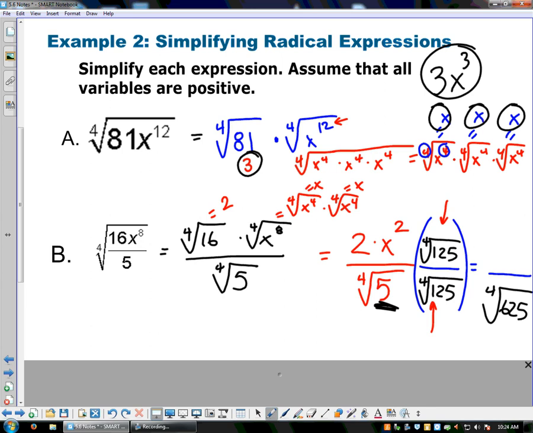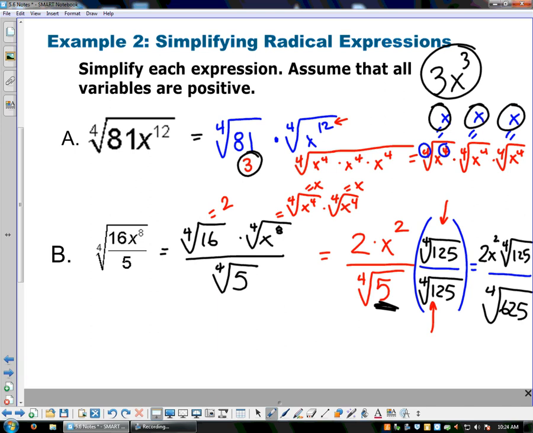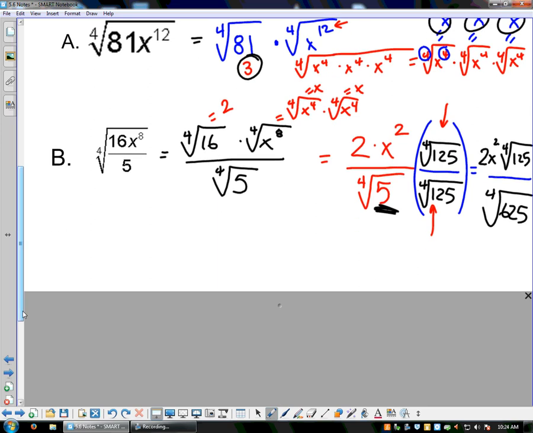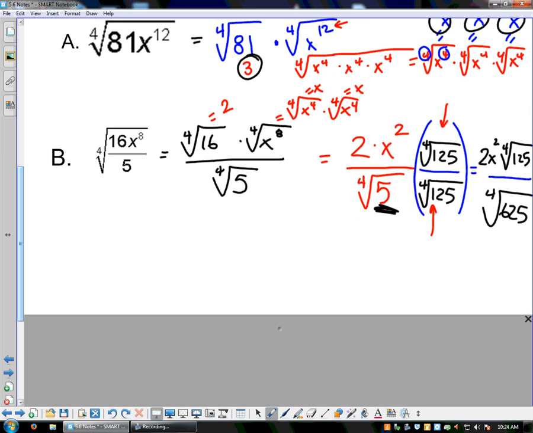And so when we do this, we end up getting 2x squared times the 4th root of 125 over the 4th root of 625. And we worked so hard to get that because the 4th root of 625 is really just equal to 5.